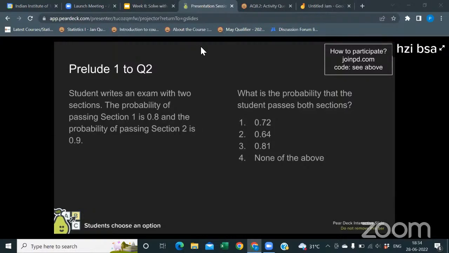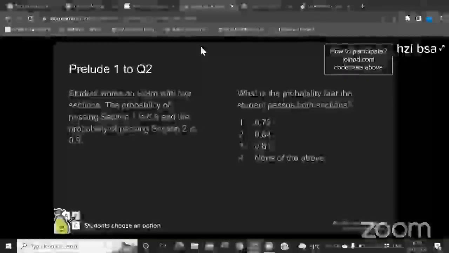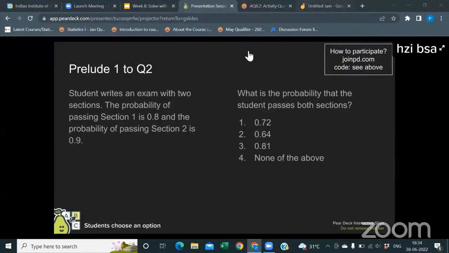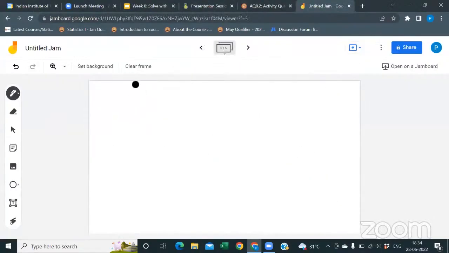I just guess that the event is not dependent on the other event. Yes, independence means probability of A given B equals probability of A, or probability of B given A equals probability of B. The meaning of this is that, suppose there are two events, then the happening or not happening of one event does not affect the happening of the other event.